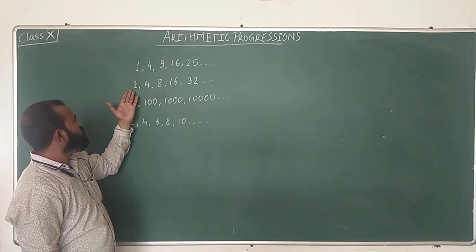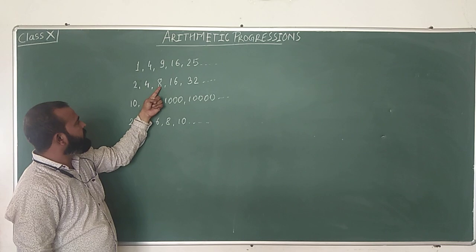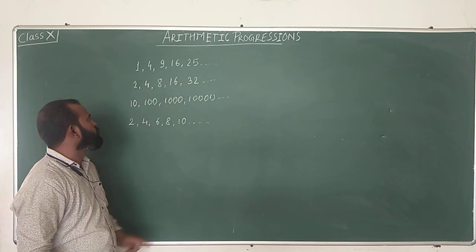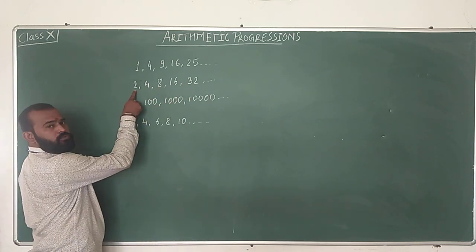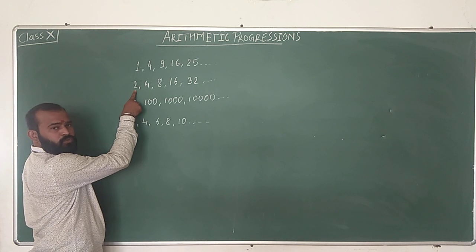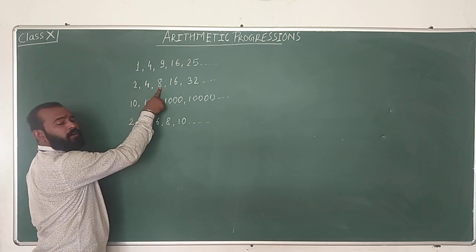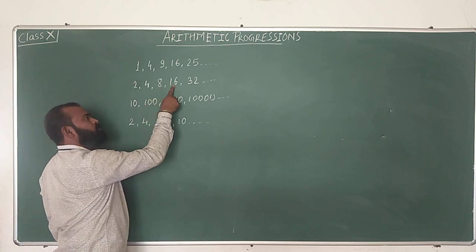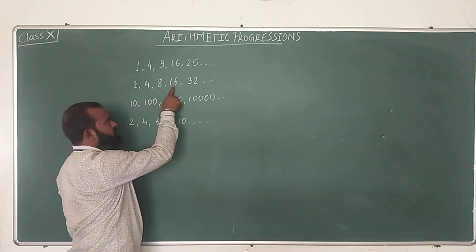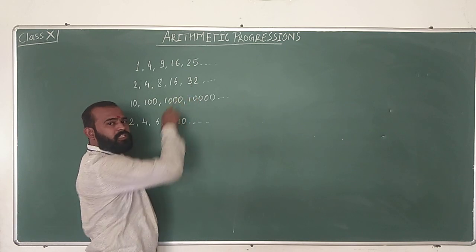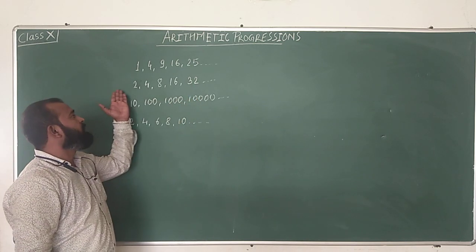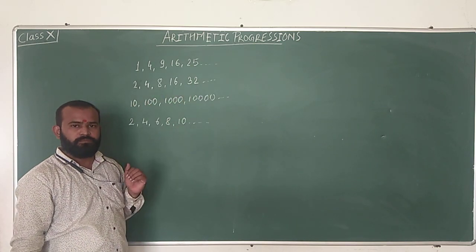Okay, here also 2, 4, 8, 16, 32. 2 to the power 1 is 2, 2 to the power 2 is 4, 2 to the power 3 is 8, 2 to the power 4 is 16, 2 to the power 5 is 32. Means these are the powers of 2.